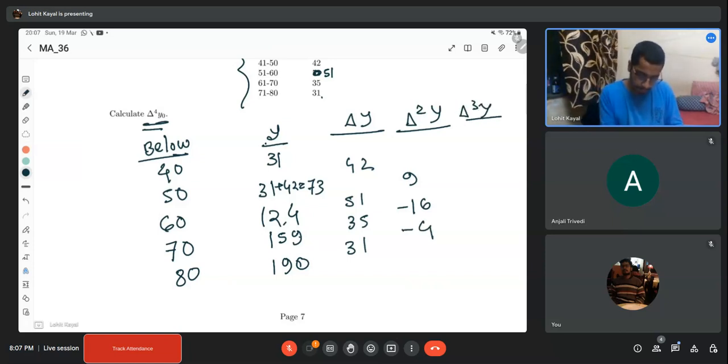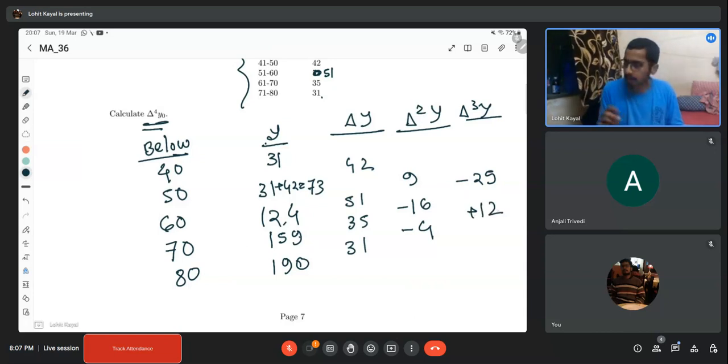Delta cube y is, I have made a mistake. So minus 16 minus 9, it is minus 25. Minus 4 minus 4, this is plus 12. Probably I have made a mistake again. Let me check. This is 42 correct, 51 correct, 35 and 31, right? And this is 15.